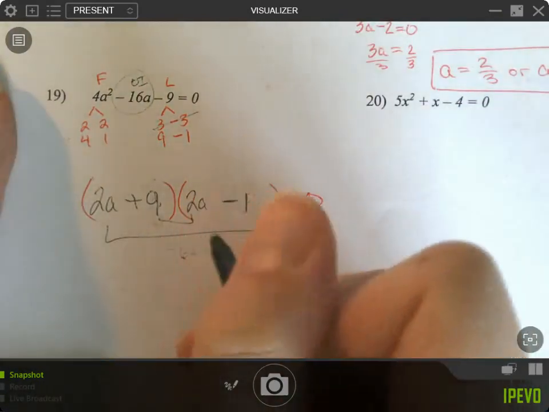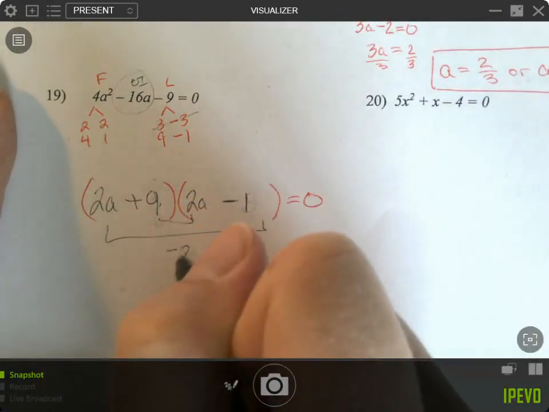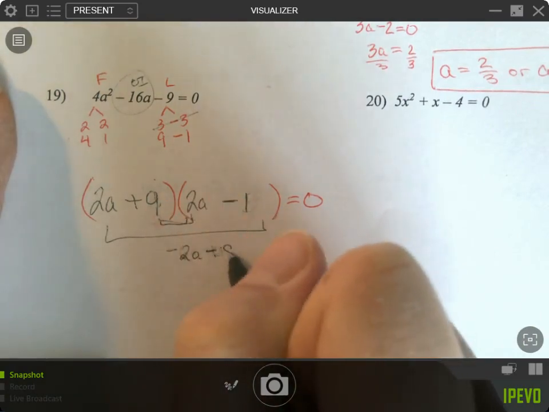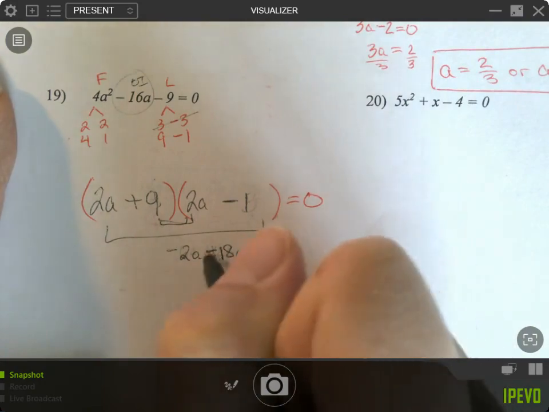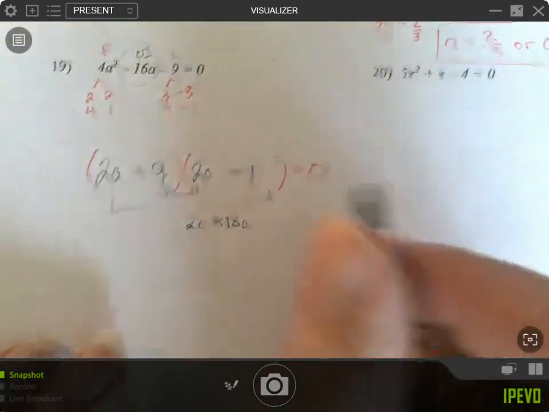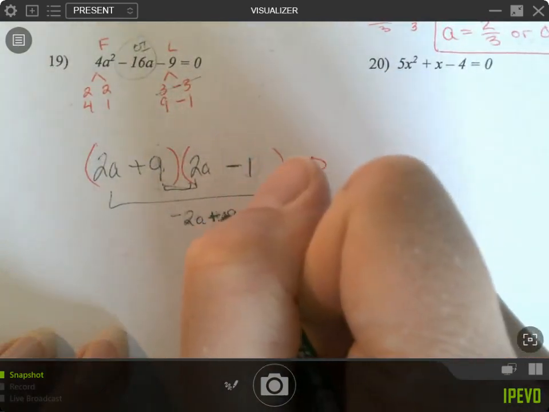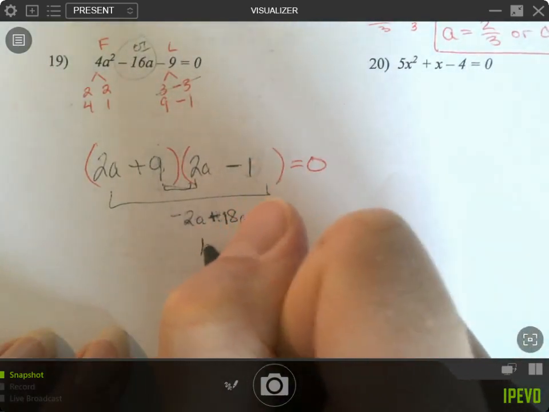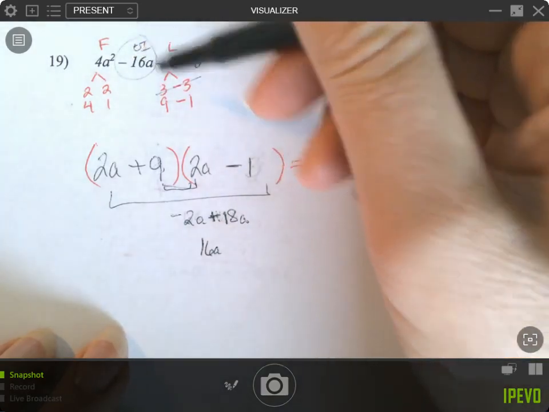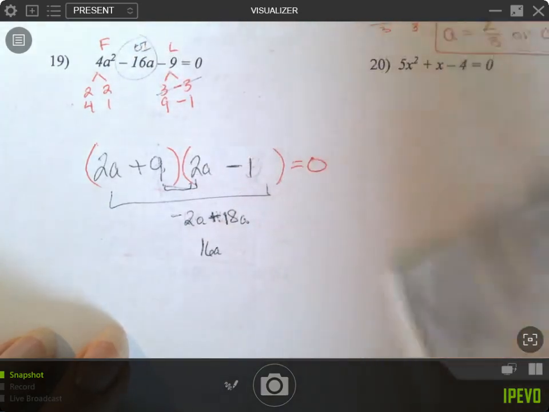This would be a negative 2a, and this would be a positive 18a. All right, so what did I get? Negative 2a and positive 18a. What did I get? Positive 16a. What did I want to get? Negative 16. So I got the right number, but the wrong sign.